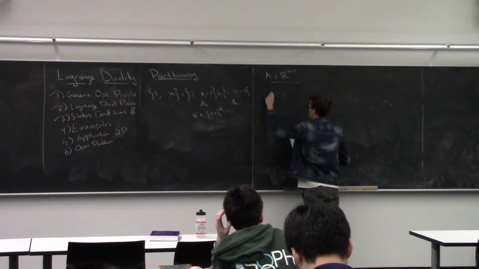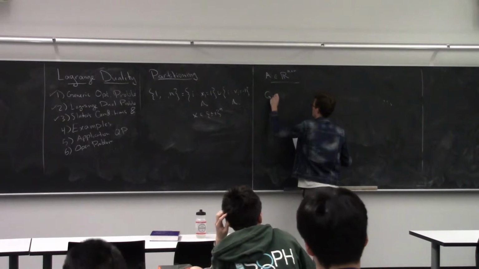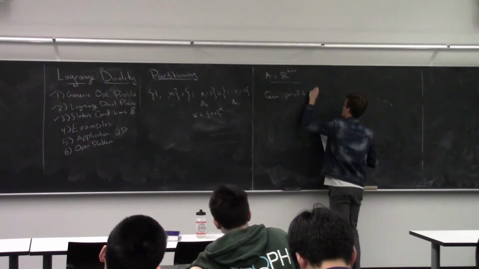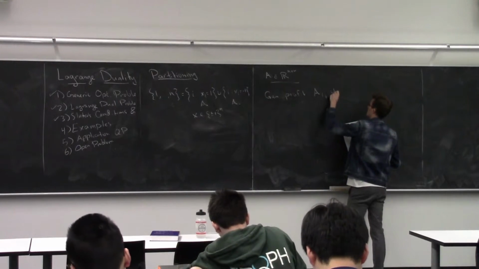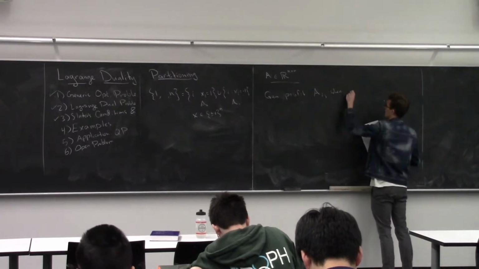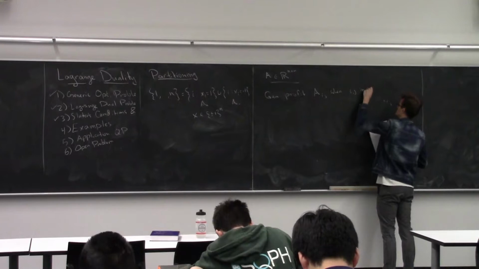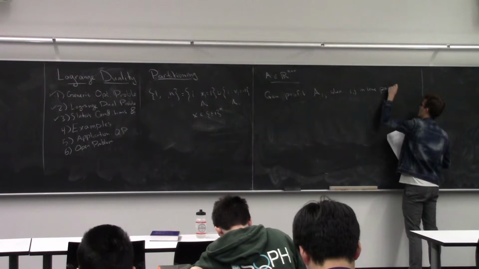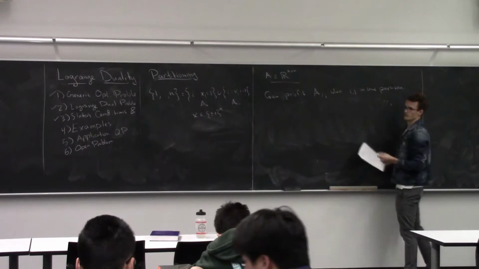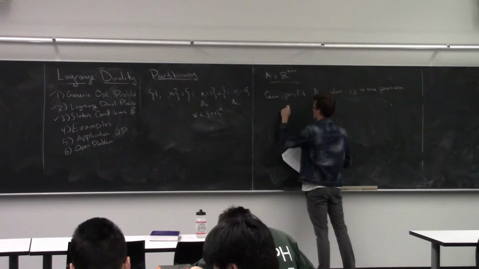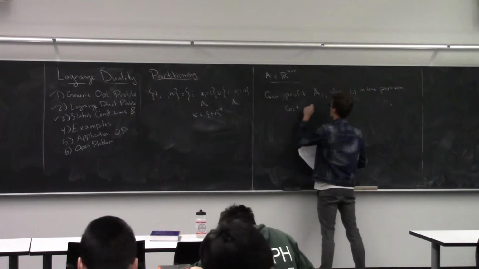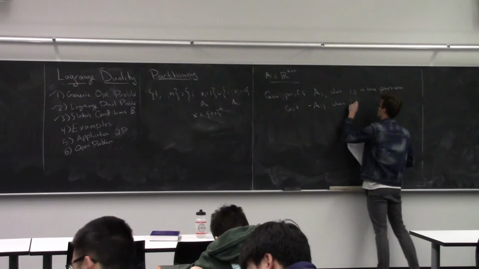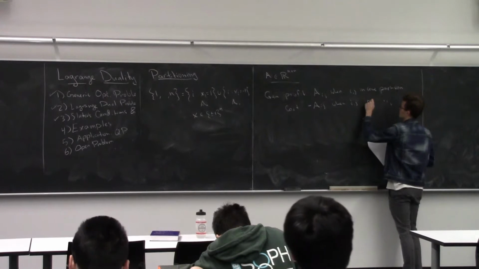But yeah, so let's say that I gain a profit Aij when products i and j are in the same partition. Okay, and at the same time, I'm going to have a cost, negative Aij, when they're in different partitions.